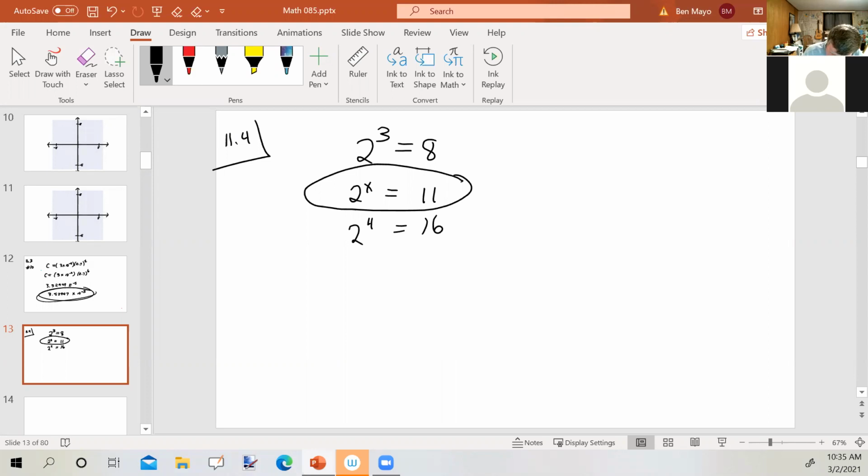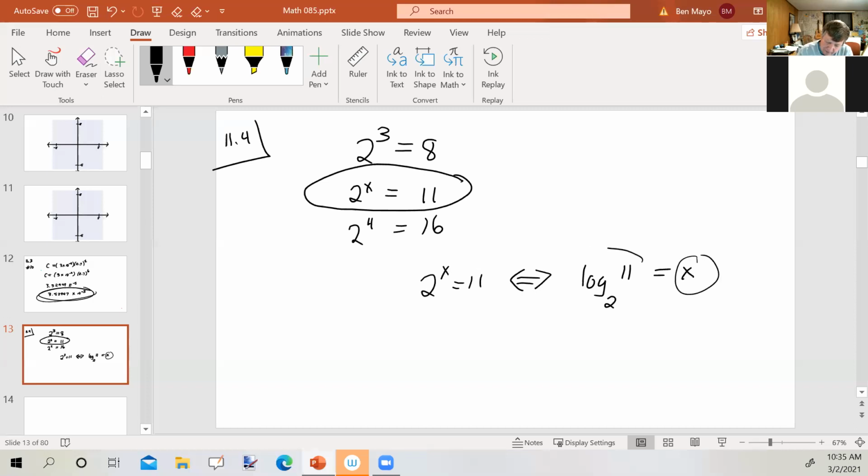Basically, if we take 2 to the x power equals 11, we can rewrite that as an equivalent statement: log base 2 of 11 equals x. Now, log base 2 of 11, my guess is none of us have any idea what that is at this point, but I now have an equation where x is isolated.